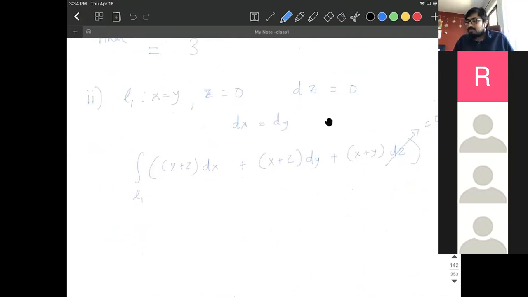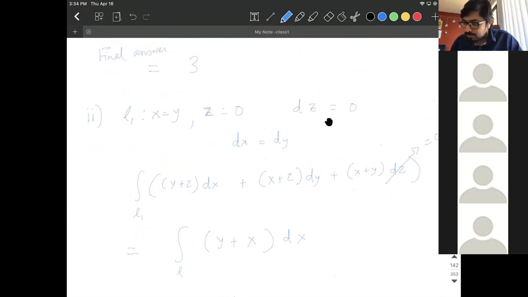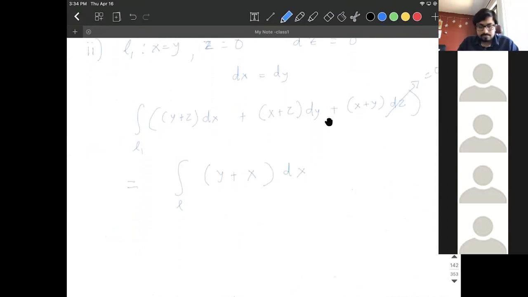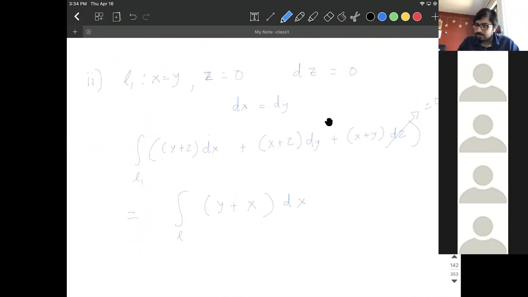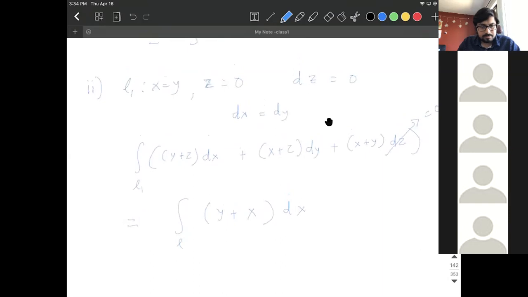And we are left with dx and dy. Now, since z is 0 and dx and dy are same, this can be written as the integral on L1 of y plus x dx. Okay. Can everybody see what's going on here? So just on the first line, L1.